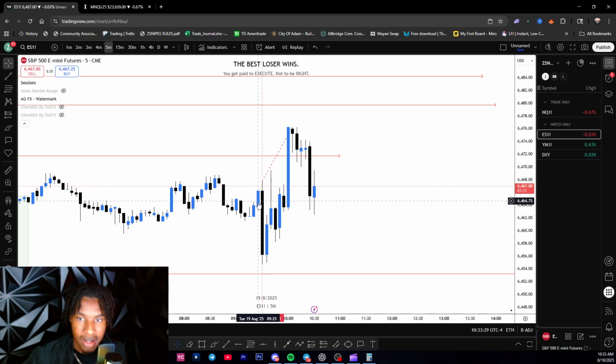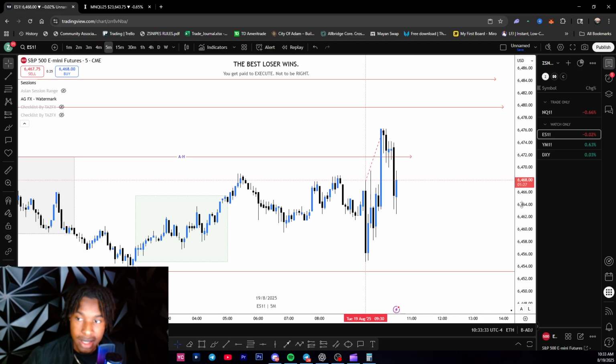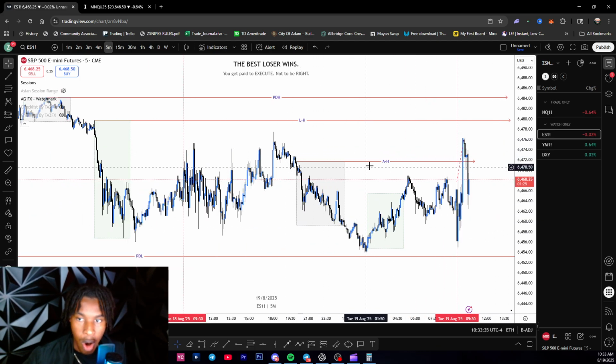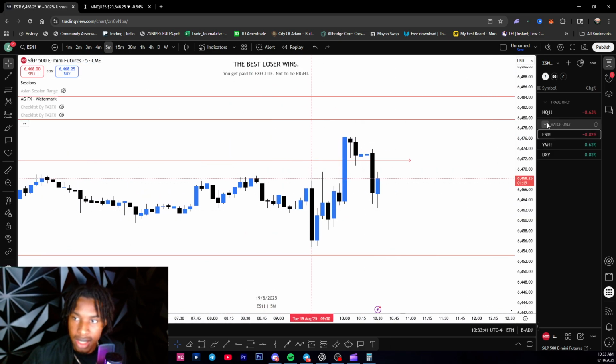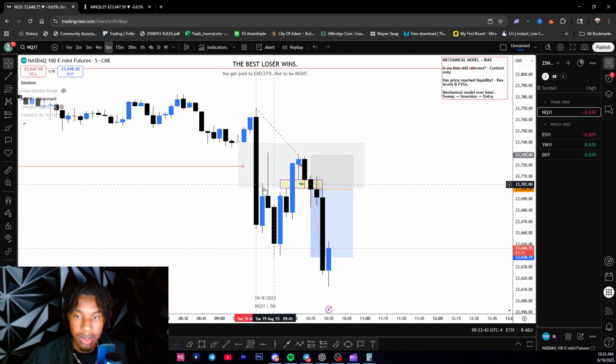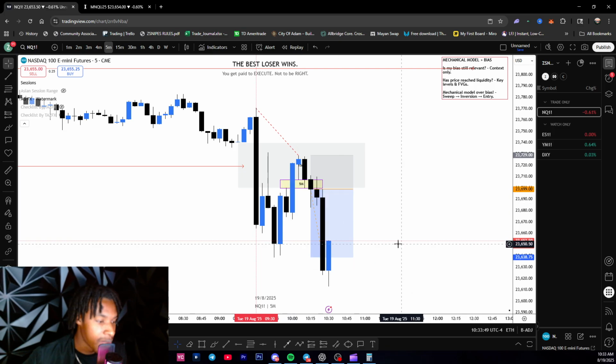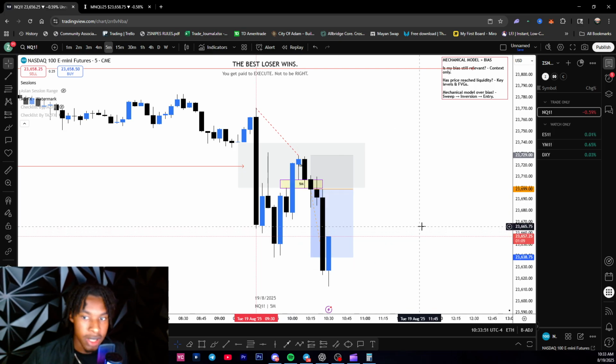So you can see there is definitely an SMT divergence between these two, and ES was also already sweeping liquidity. That gave me a really good confirmation to take shorts, alongside us tapping into a 15-minute and getting that 5-minute inversion. So, pretty nice trade here to pass the Topstep combine.